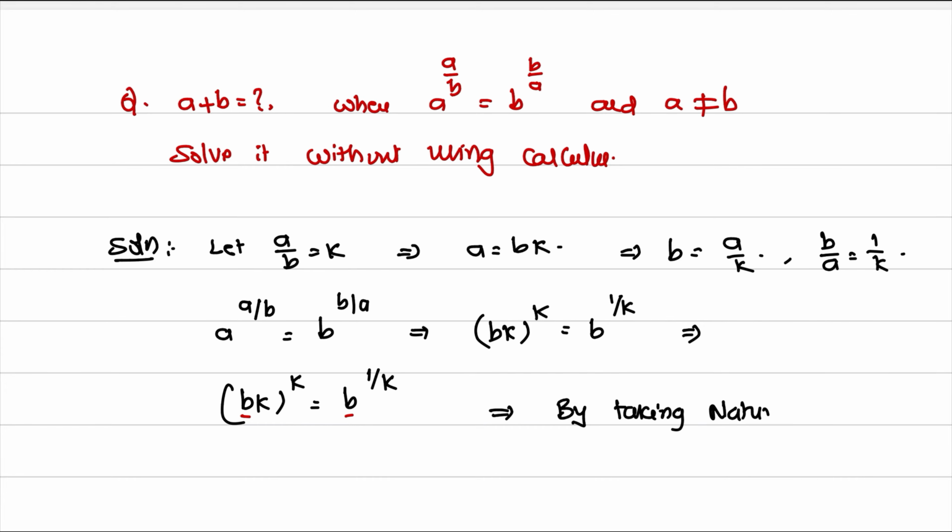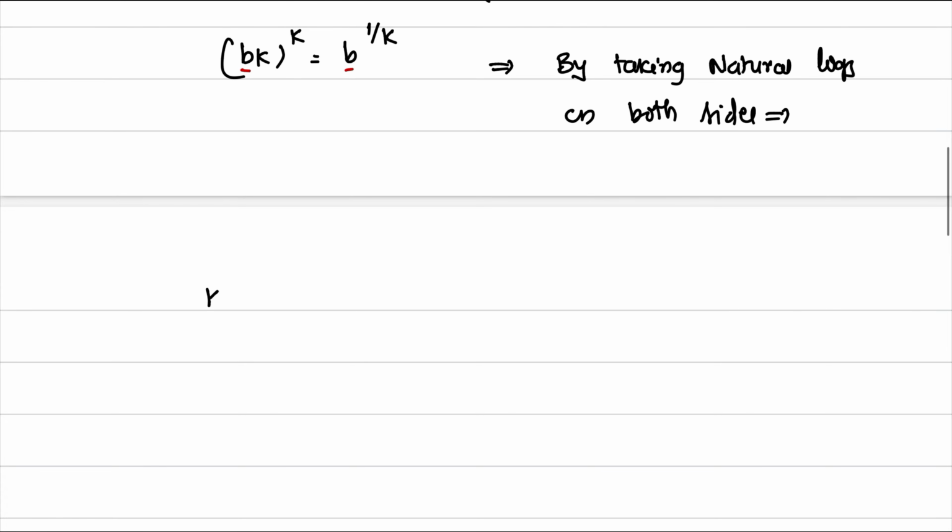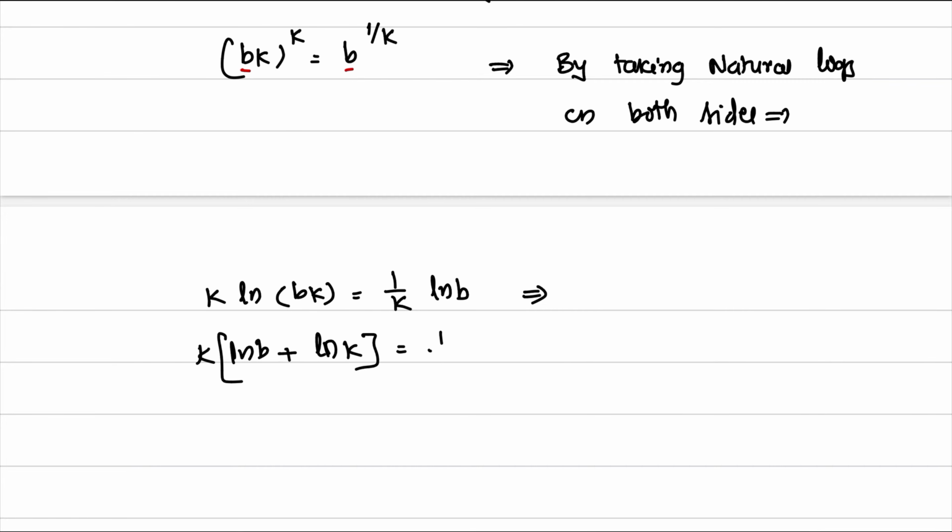Which implies, by taking natural logarithms on both sides, we get k into ln bk is equal to 1 by k into ln b. That implies k into ln b plus ln k is equal to 1 by k into ln b.